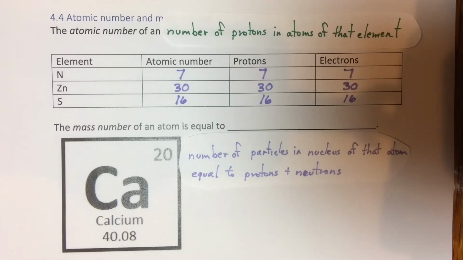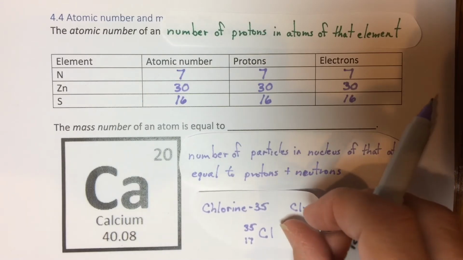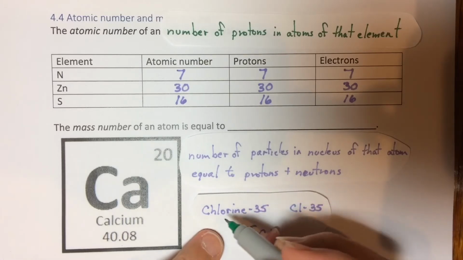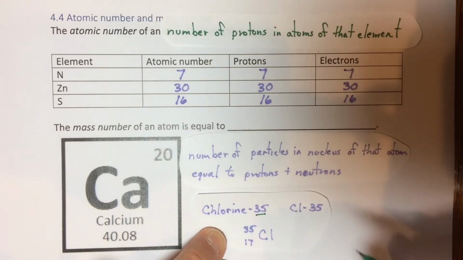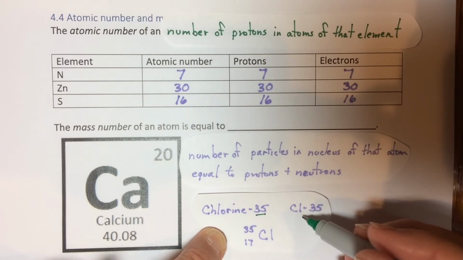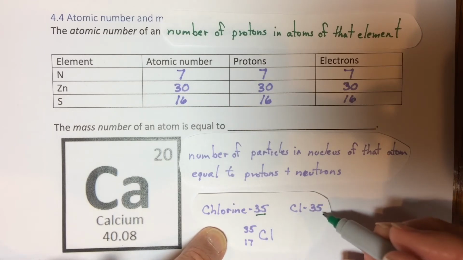The isotopes of particular types of atoms can be written 3 different ways, and I've written it out for chlorine-35. Chlorine-35, chlorine is the name of the element, and 35 is the mass number. Cl is the symbol for chlorine, so Cl 35 refers to the same element.